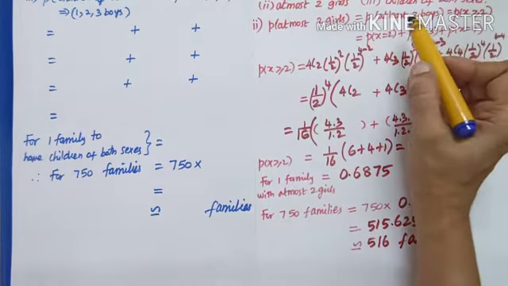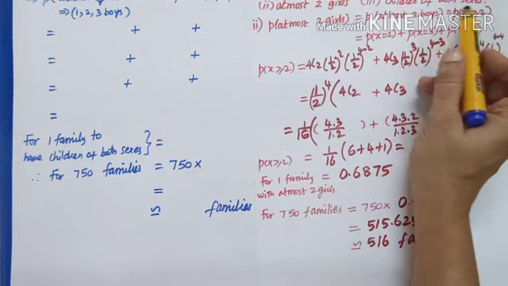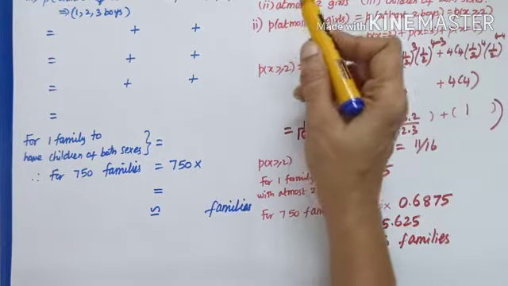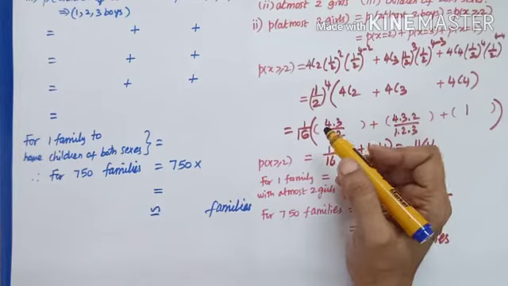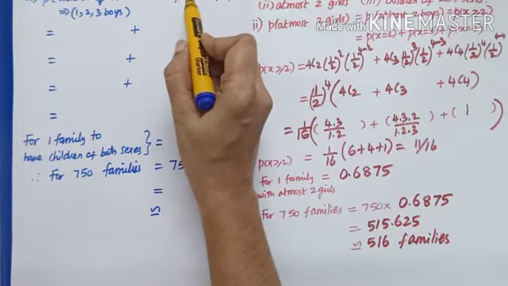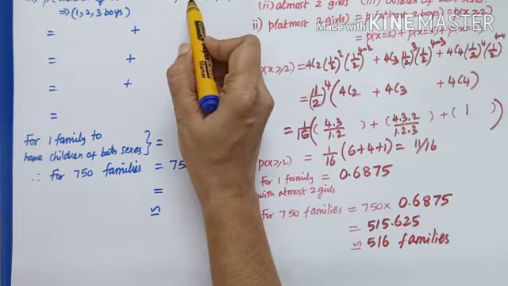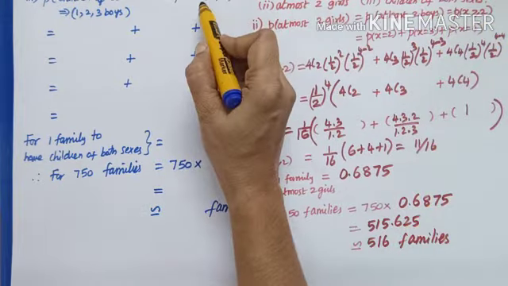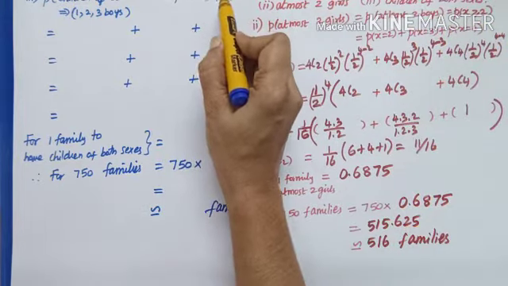Third part of the question, children of both sexes. That is, the family should not have all 4 girls or all 4 boys. So, there may be 1 boy, not 0 boys, because both sexes must be there. So, there may be 1 boy or 2 boys or 3 boys.